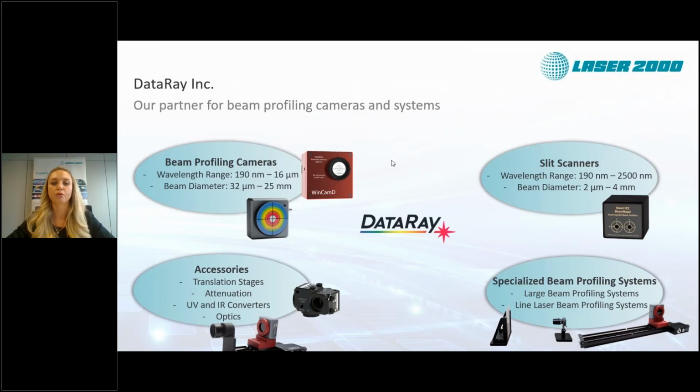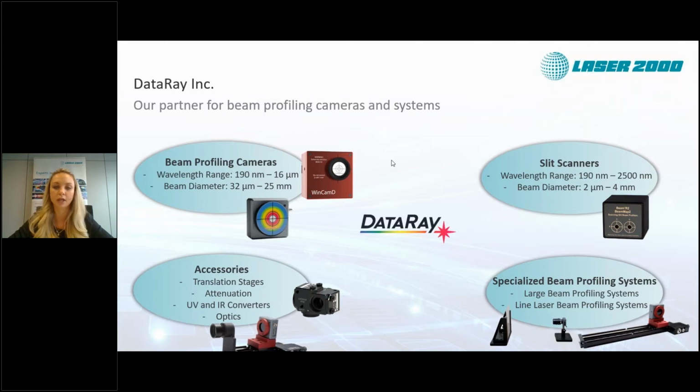To give a short overview of our products from DataRay, we have here a slide with our products. So we see the cameras. We can cover the wavelength range from 190 to 16 micron. We also have slit scanners for very small beam diameters, accessories like translation stages.